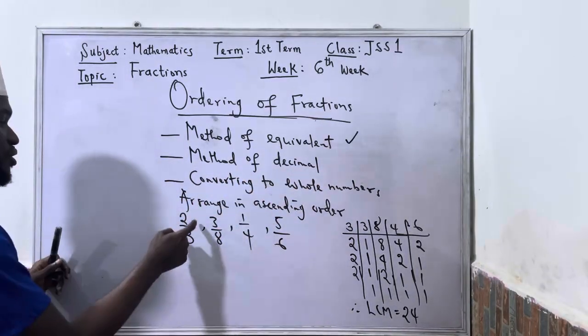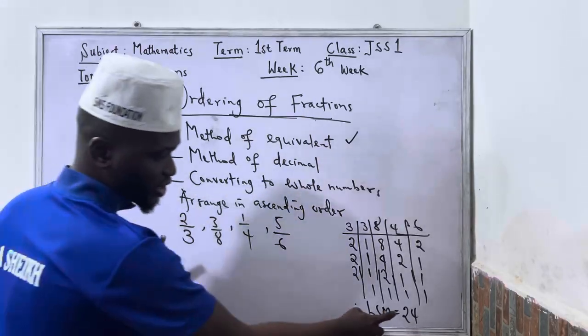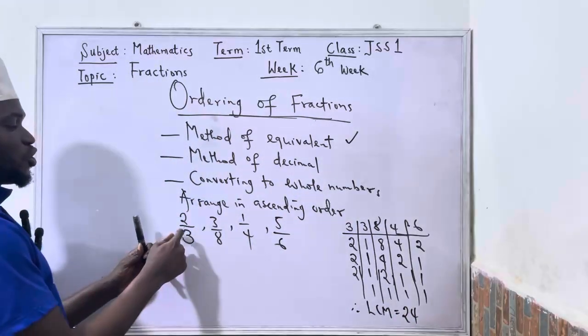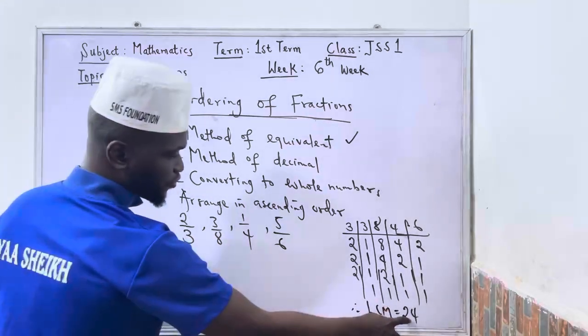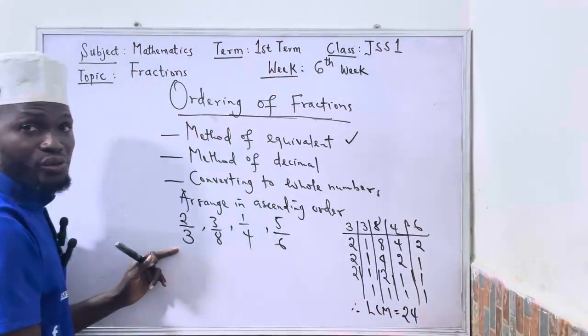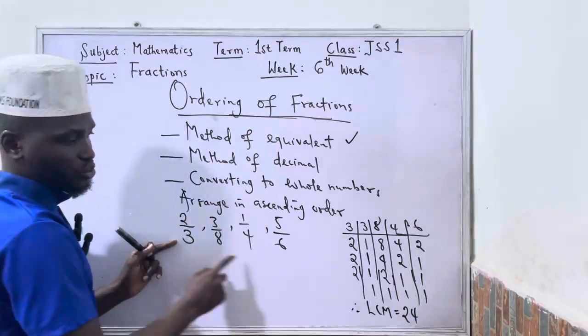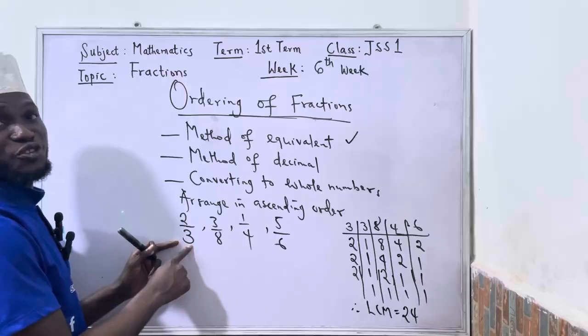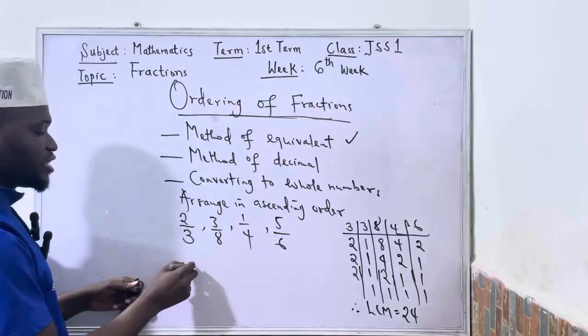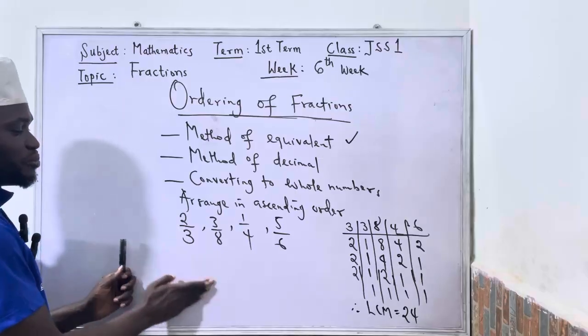Now, how do we change this to an equivalent fraction such that the denominator will be 24? All you need to first do is divide 24 by the denominator, which is 3. So 24 divided by 3 will give you 8. That means 8 will be the scale factor. You use 8 to multiply the top and the bottom.